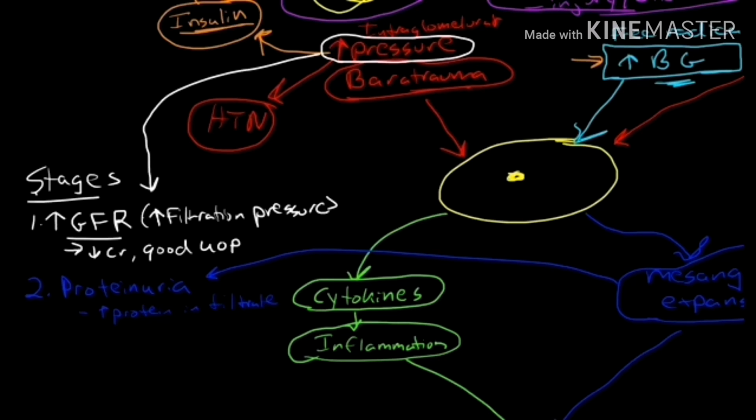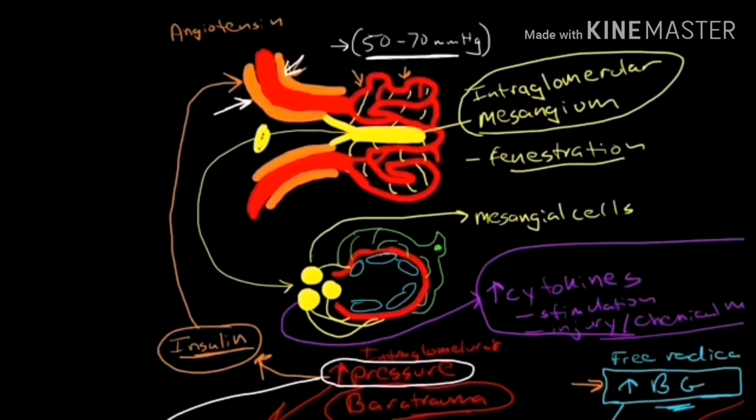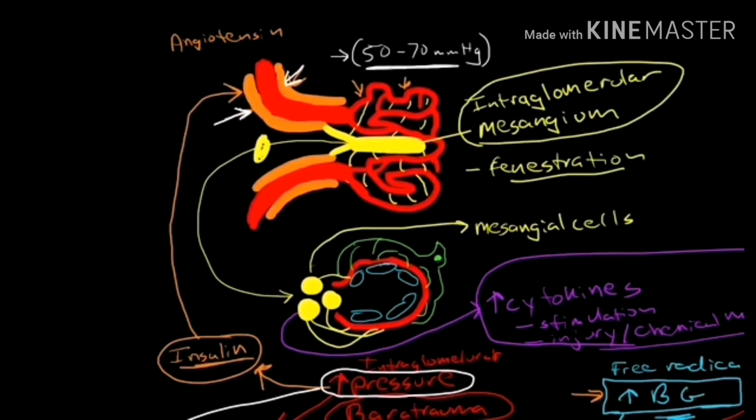Now the third stage is microhematuria. What is this due to? Well, this is due to injury to the tubules. The injury to the tubules is caused by ischemia because as we have collagen and fibrin deposited into the glomerulus, we begin to constrict the blood flow through the glomerulus, and this decreases the blood flow through the efferent arteriole.